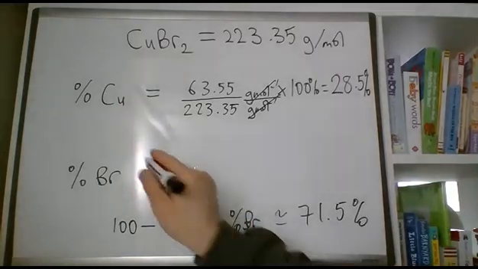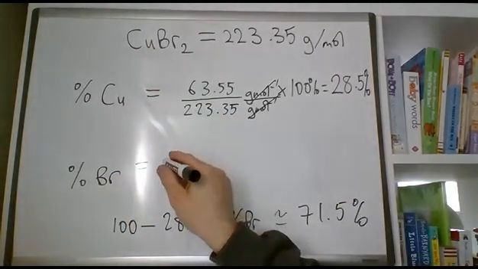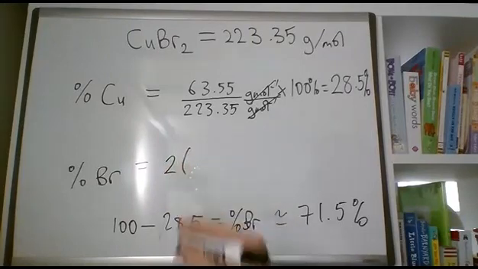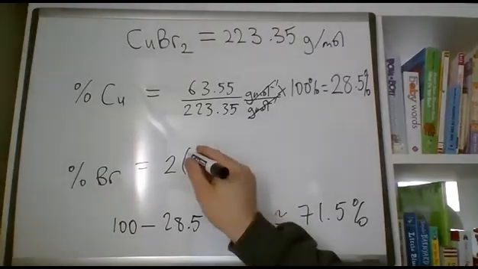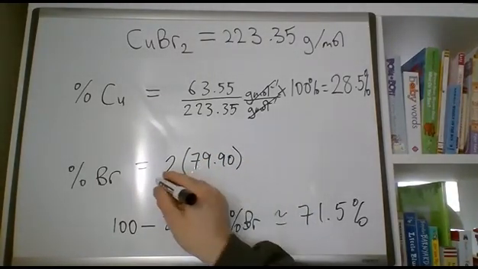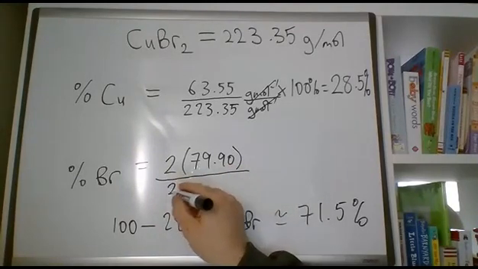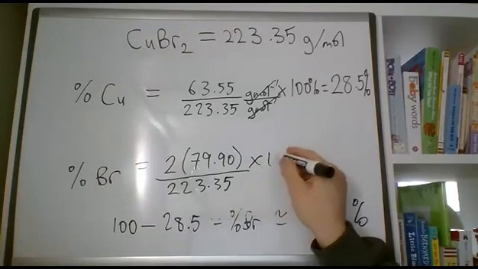But let's show the proper calculation. So bromine, well, I have 2 of them. I've got 2 bromine, and each bromine is 79.9, out of a total of 223.35 as a percentage.